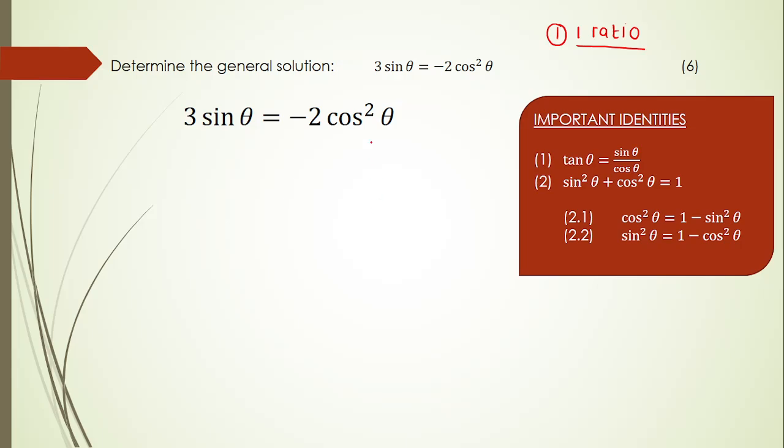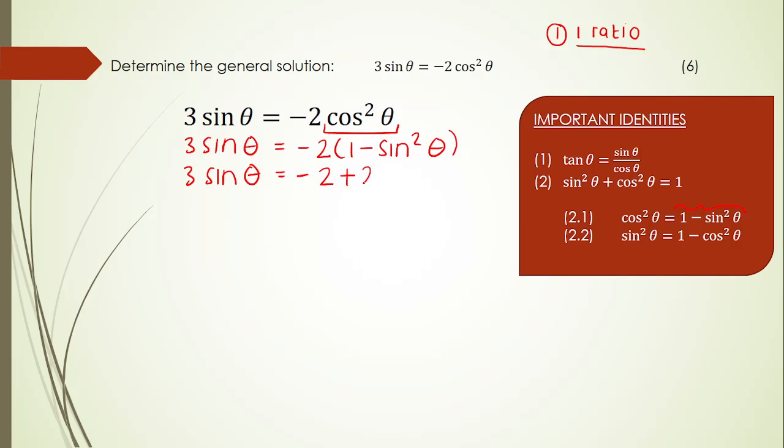If I look at my identities, this cos squared theta can be changed into 1 minus sine squared theta, and that's going to make this whole equation into sines. Then I'm going to break that bracket. And then I see it's quadratic because my degree there is 2.